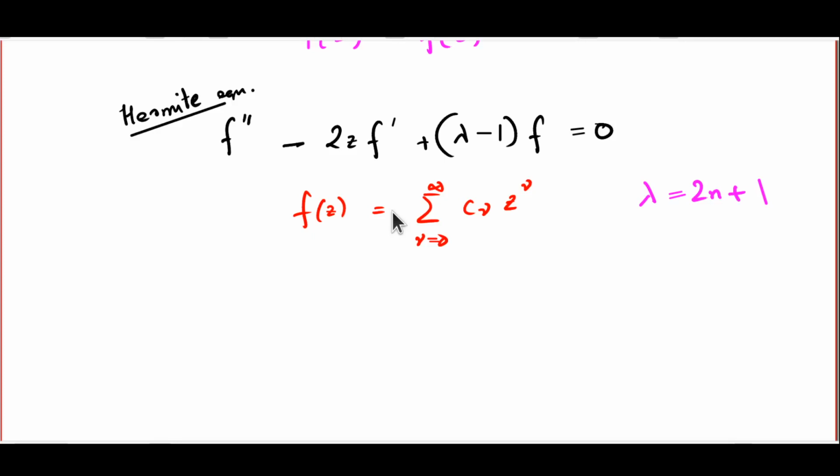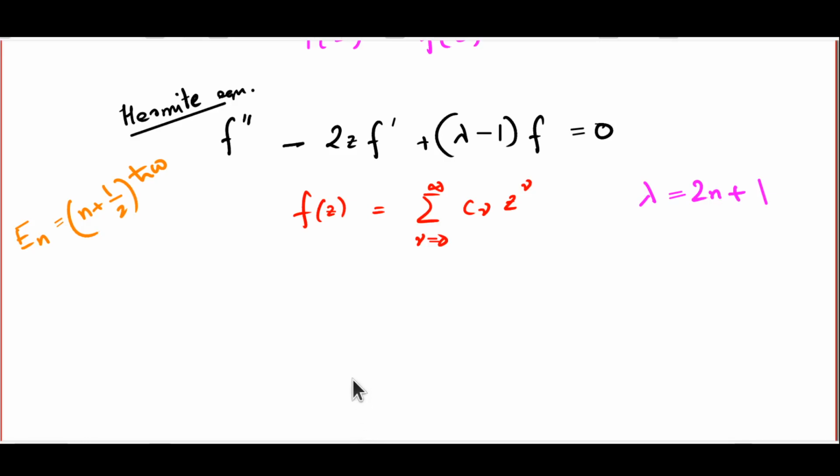So in order to have a wave function psi which is well behaved for very large values of z, we must choose only certain values of lambda, namely odd integers, and as a consequence, the energy turns out to have only certain possible values, n plus half times h cross omega.